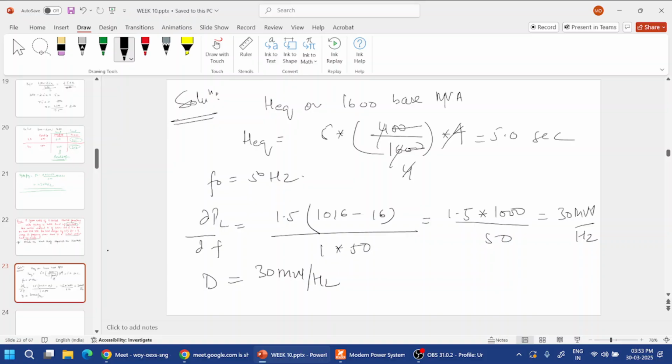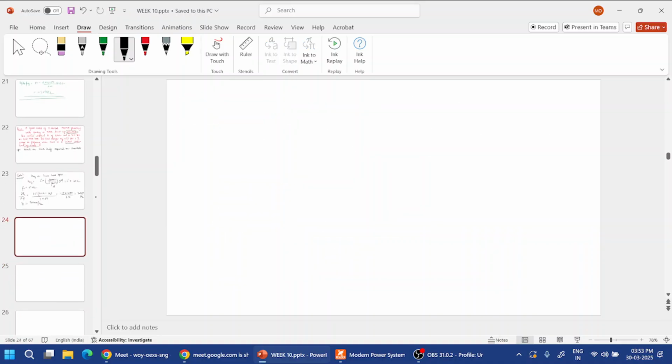Now we know what TP is: 2H equivalent divided by D F0. So 2 into H, which is 5, and D we just calculated is 30, multiplied by 50.